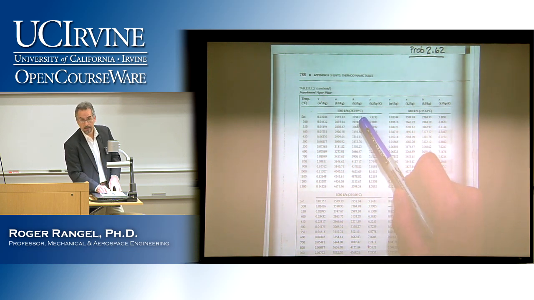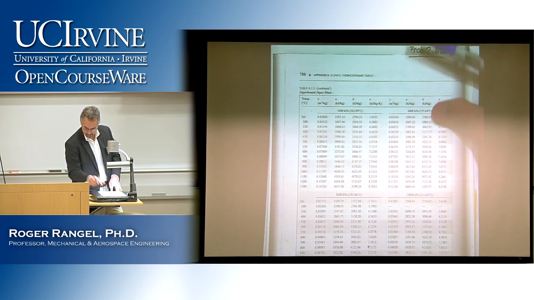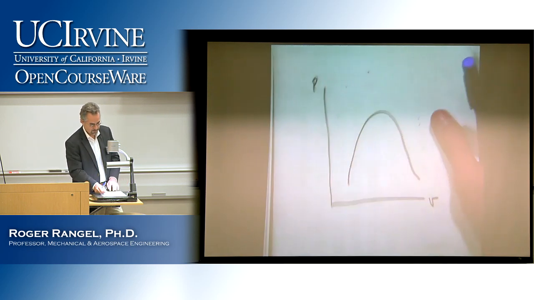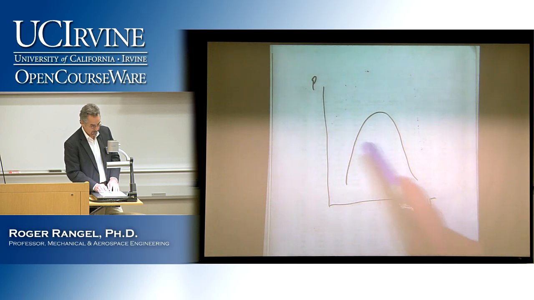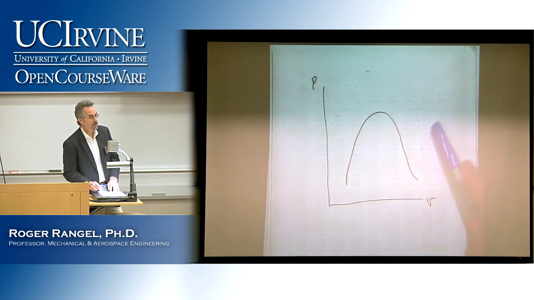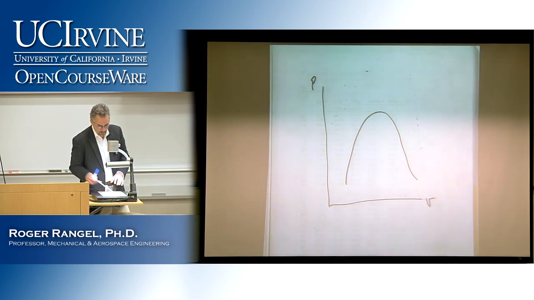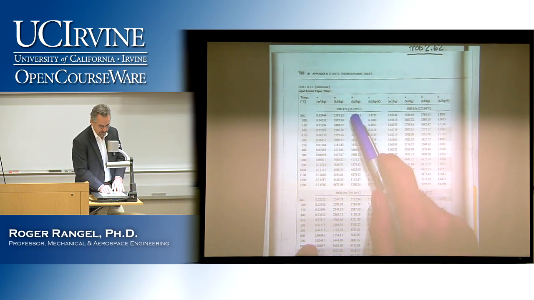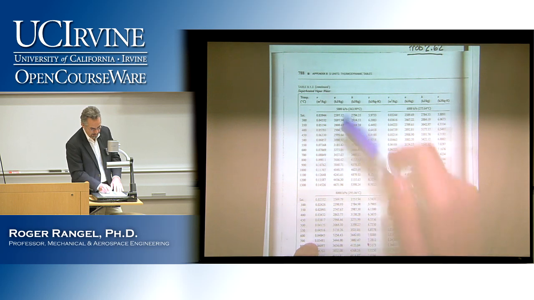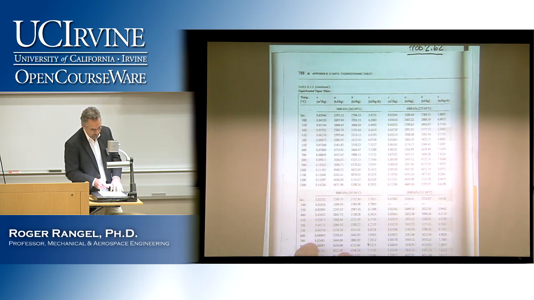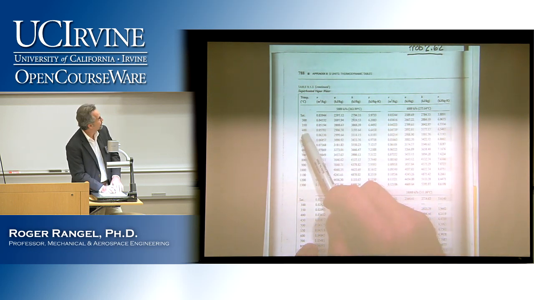Where am I then in the regions? Am I compressed liquid? Do I have a mixture of liquid and vapor? Or do I have superheated vapor? I have superheated vapor because immediately I see my temperature is 400, so it's higher than that. In fact, if I just look down the table, I can find an entry for 400.